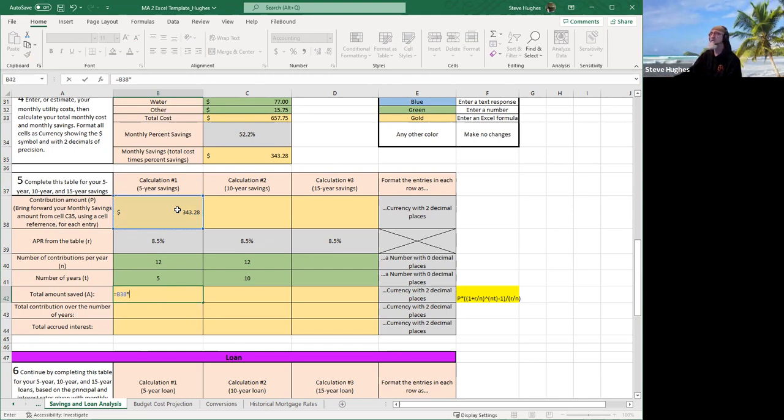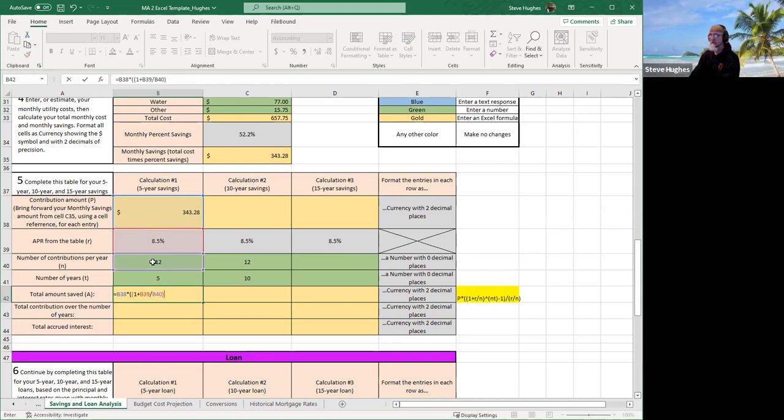Next comes multiplication. Next, double parentheses open, 1 plus R, my rate of interest, divided by, that's forward slash, divided by N, which is cell B40, close parentheses.